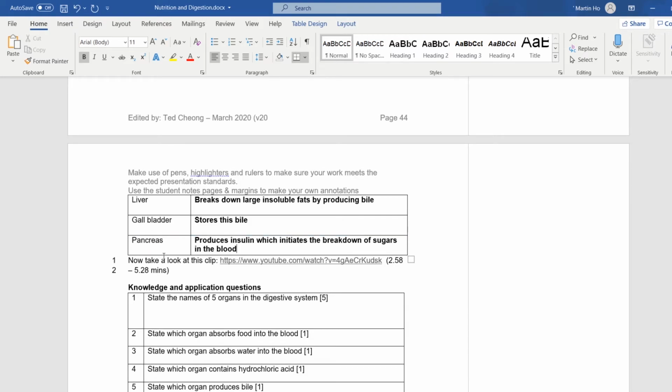The pancreas is very important in managing your blood sugar levels, and people who do not have a working pancreas have a disease called diabetes, in which they have to manually manage their blood sugars. So, before we end this video, please take a look at this third, final YouTube clip about the different organs in the body.